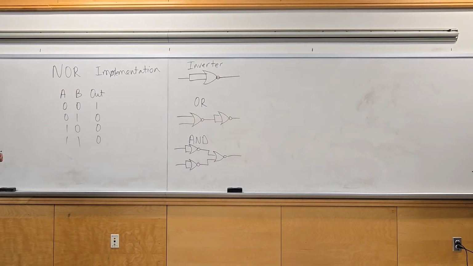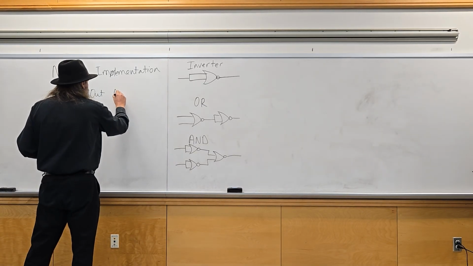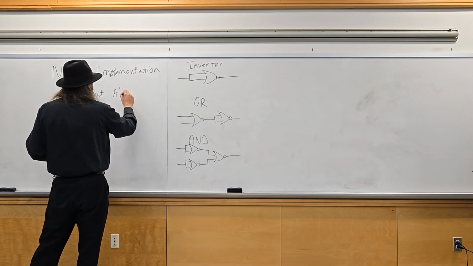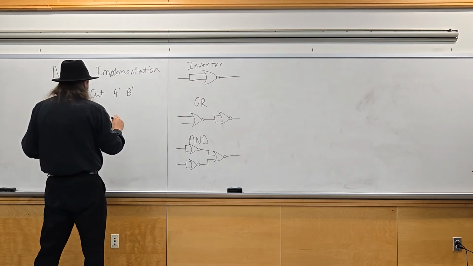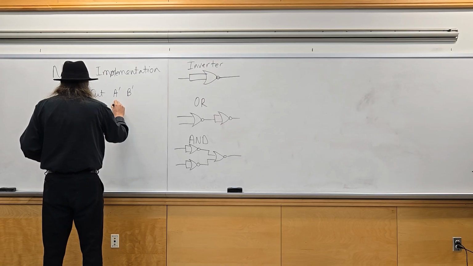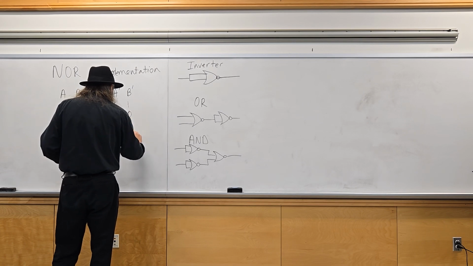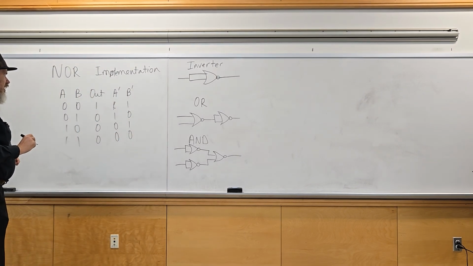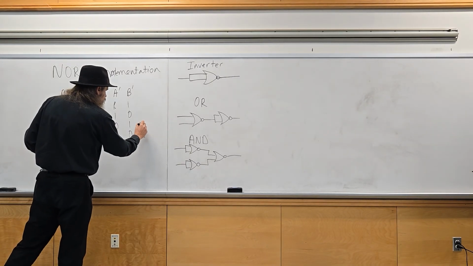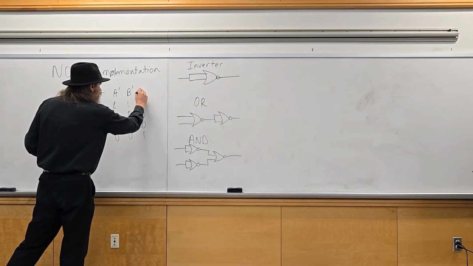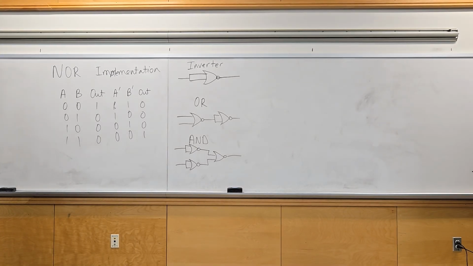And to show that this is true, you do A prime, B prime, and then 1, 1, 0, 0, 1, 0, 1, 0, and then the NOR of this would be, which is the same as the AND gate.